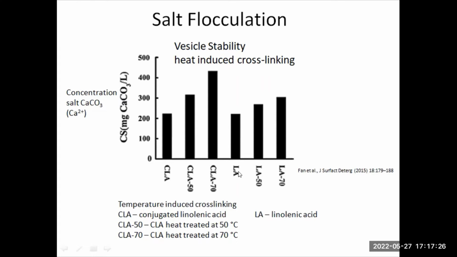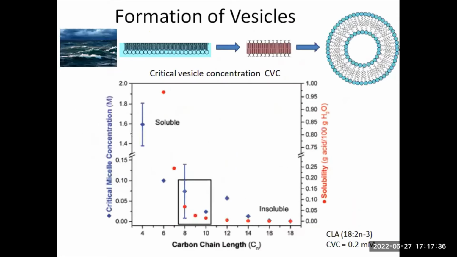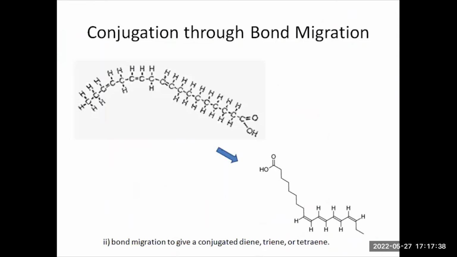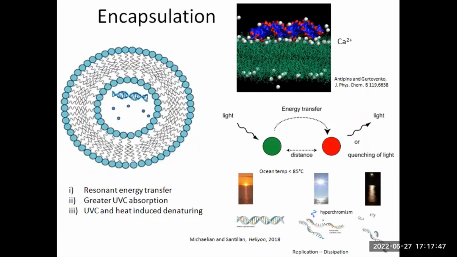This is just linolenic acid. We see that with conjugation, we also get greater vesicle stability. So this is the conjugation that we find here, and the number of conjugated double covalent bonds. So the greater the conjugation, the more stable, also with respect to salt.